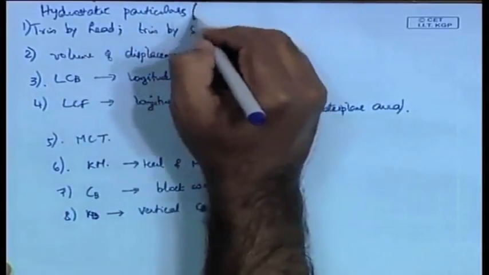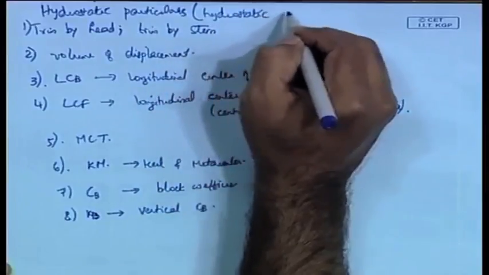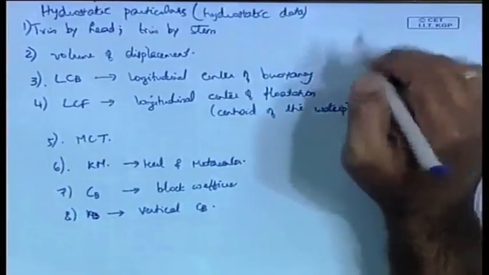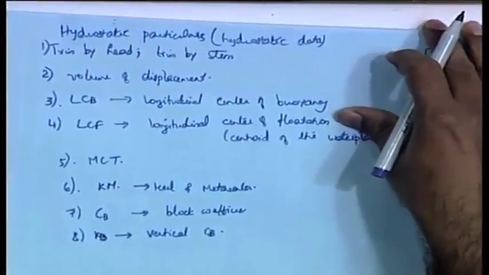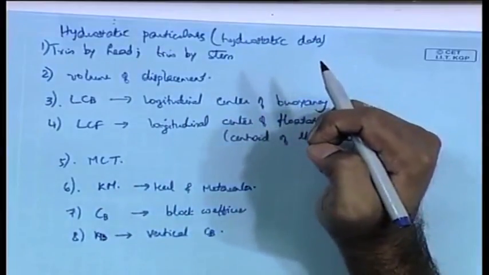So, these things are known as hydrostatic particulars, or hydrostatic data. Note that not all the details of the ship come under the category of hydrostatic data. Only these terms will come under the category of hydrostatic data. These are some of the particulars of the ship itself.